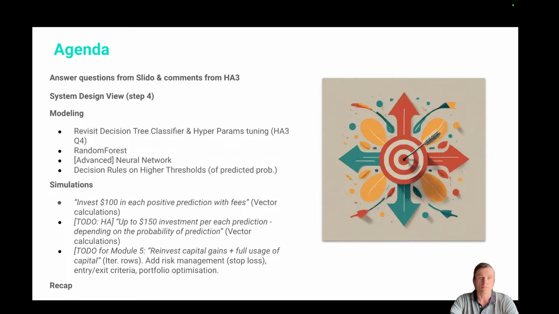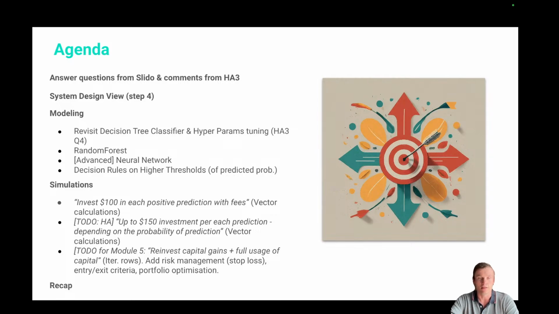The main part of our content today is modeling and simulations. So we will spend a lot of time on modeling just because we haven't covered all models and all approaches last time. And also it's a good thing for you to revise the content.